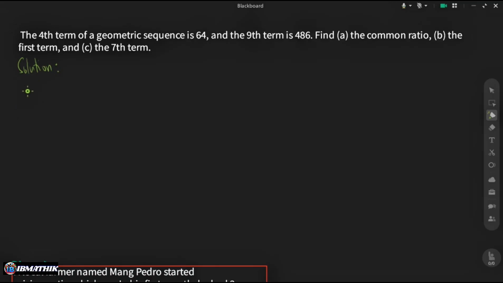Let's have first the fourth term. In this case, we have 64, or 4 minus 1. That is from the a sub 4. So a sub 4 is equal to a sub 1 times r to the n minus 1.